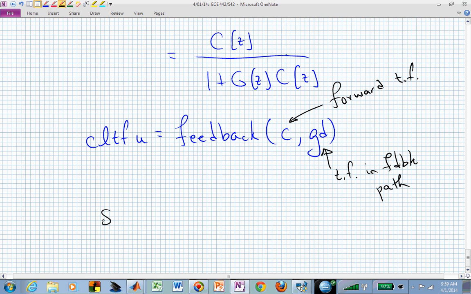And then we'll simply do a step on our closed loop transfer function that created U.